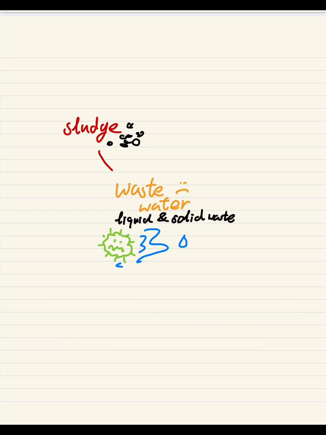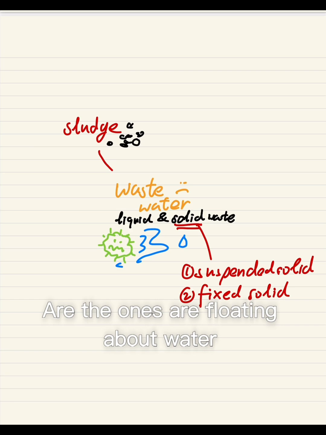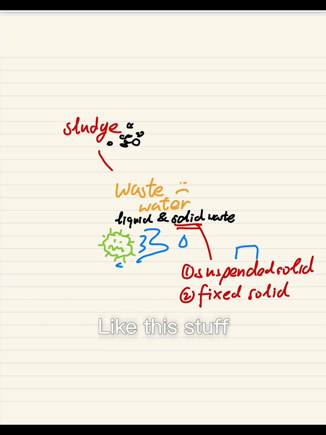There can be some other interesting things. First, for the solid part, there will be suspended solids, or fixed solids. Suspended solids are the ones that are floating above the water, like this stuff.